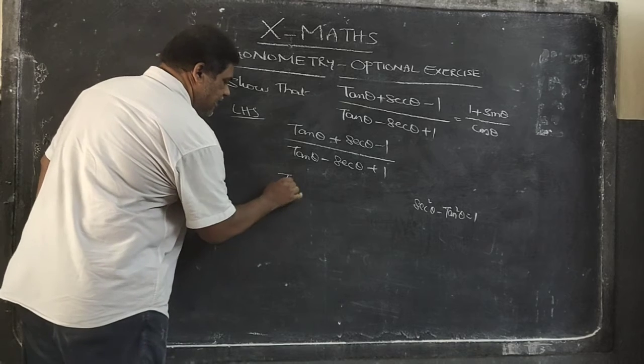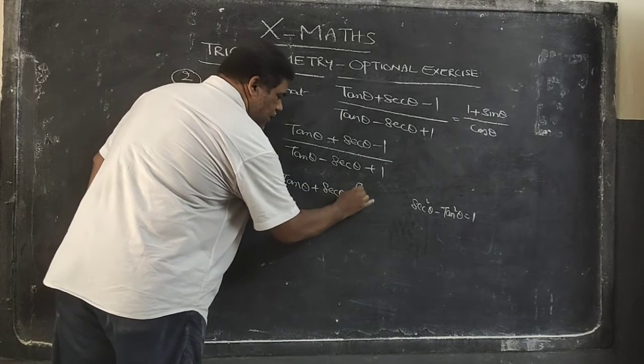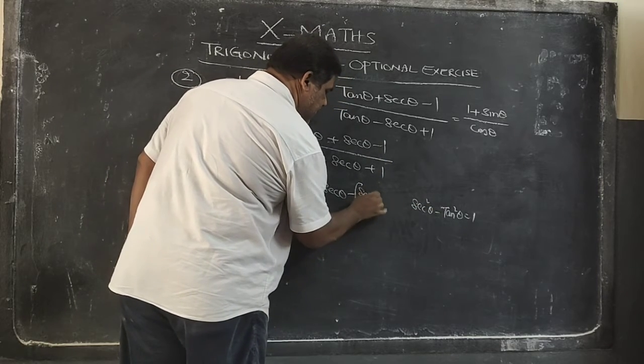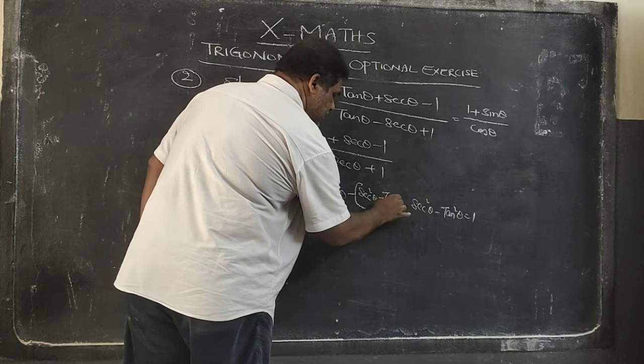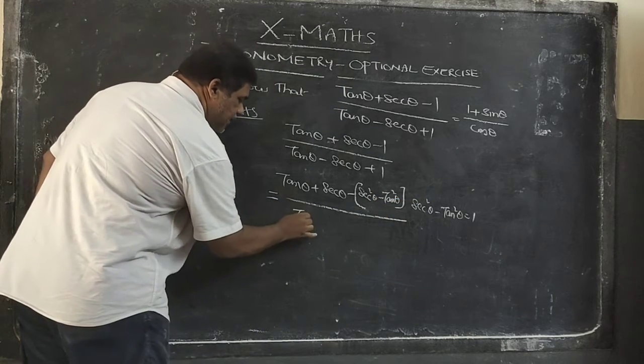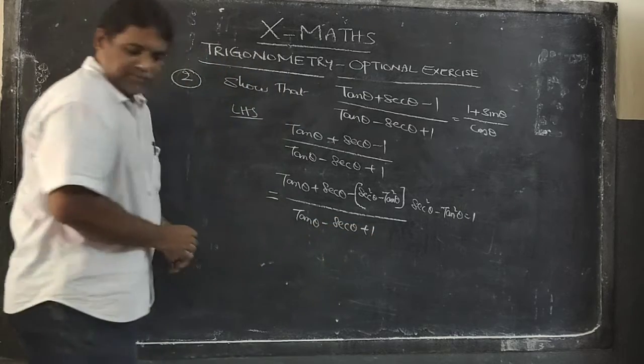So let us write tan theta plus secant theta, and now in place of 1 let us substitute secant square theta minus tan square theta, by the denominator as it is, tan theta minus secant theta plus 1.